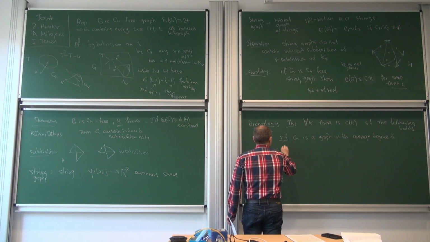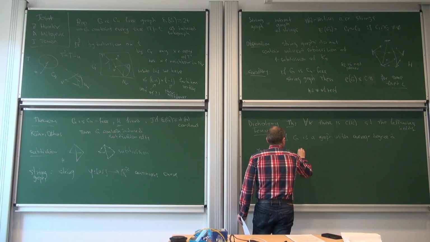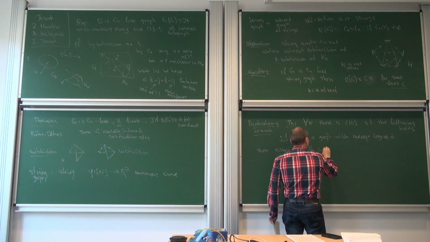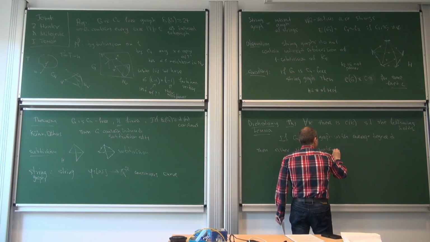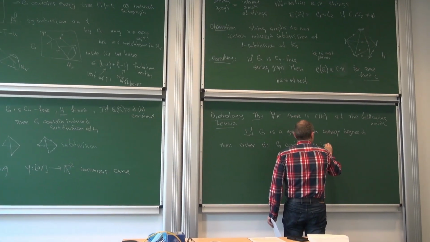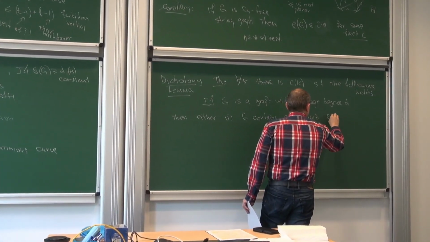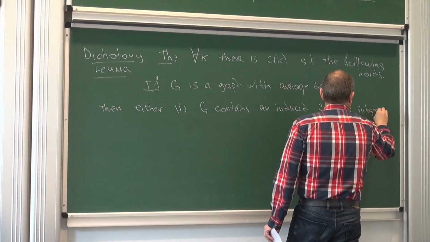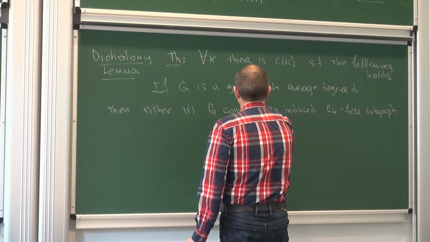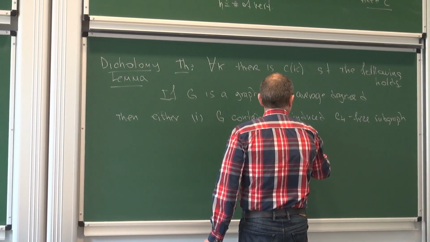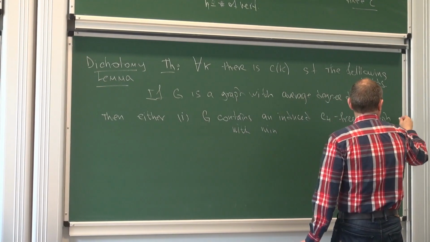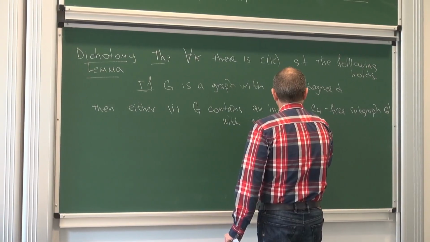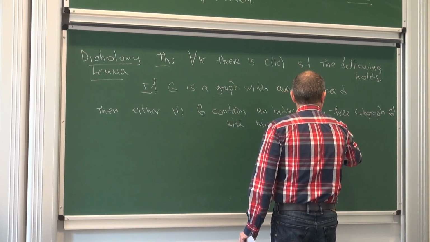Either, the first thing, G contains an induced C4-free subgraph G prime with minimum degree delta of G prime at least k.